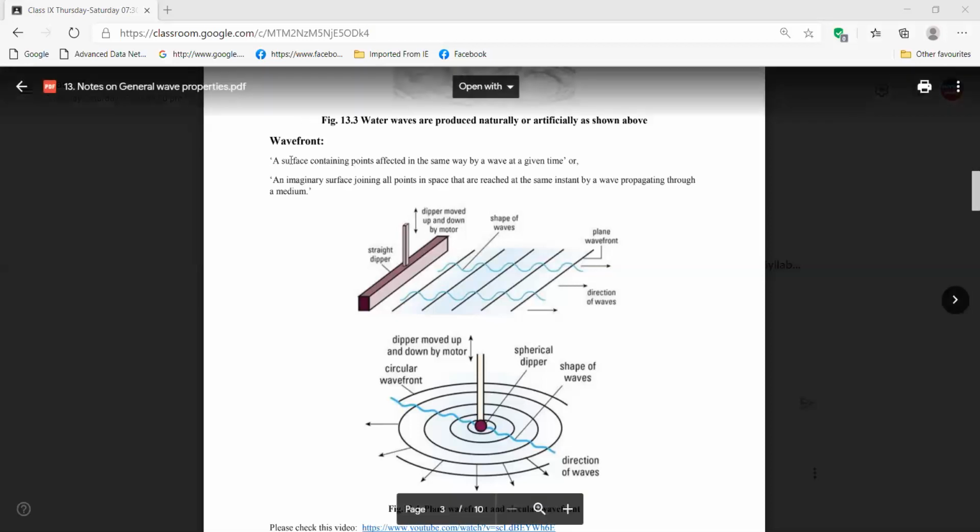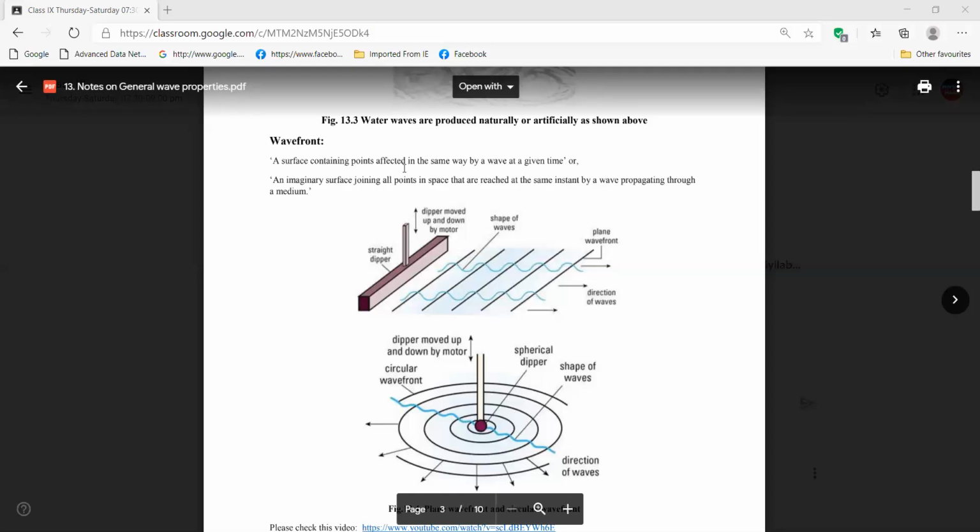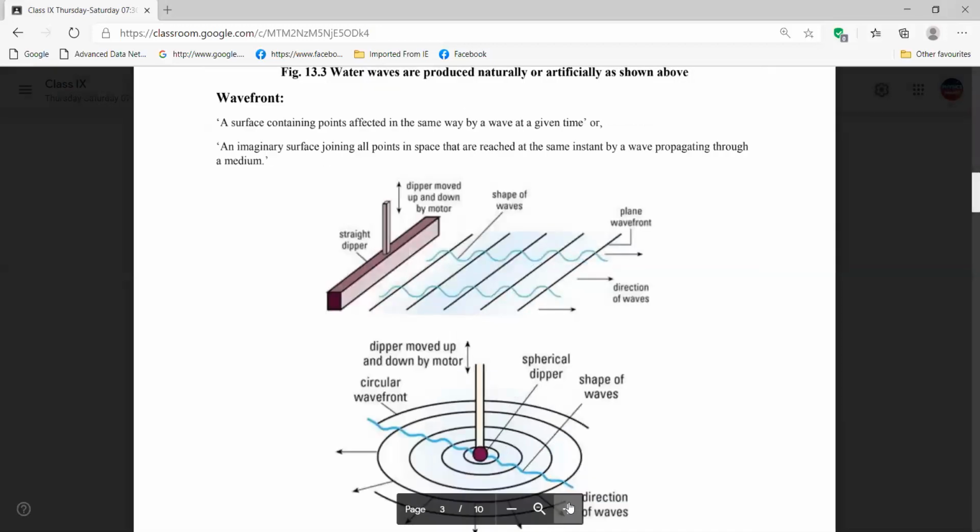Okay, so what is called wavefront? A surface containing points affected in the same way by a wave at a given time.